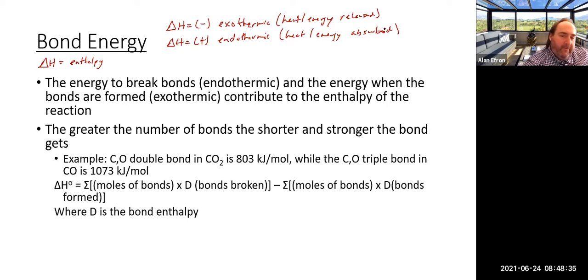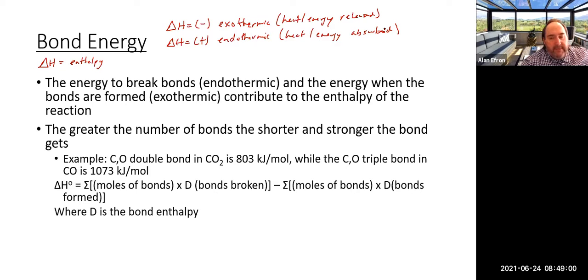So overall, when we talk about energy and bonds being formed, there is a certain amount of energy associated with the process of both making bonds and breaking bonds. When we make bonds, it is an exothermic process.